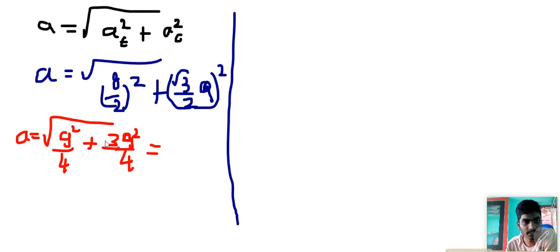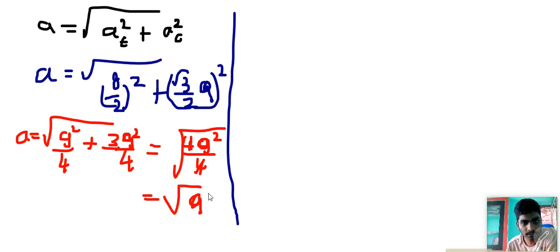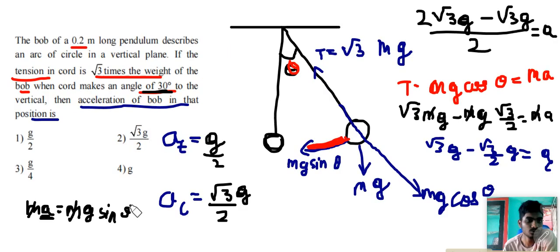The 4 cancels, giving the root of g squared, and the square and the root cancel. The net acceleration acting on the body is g. So the fourth option is the correct answer for this question.